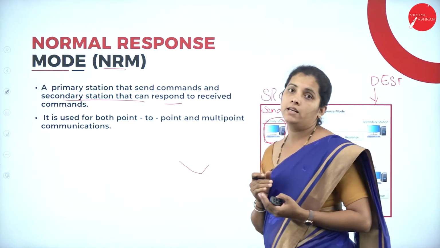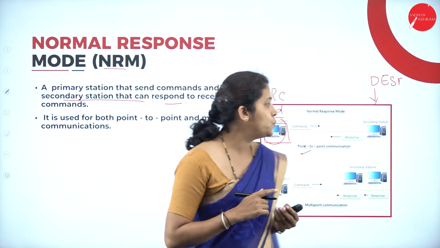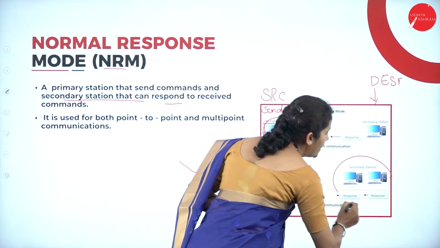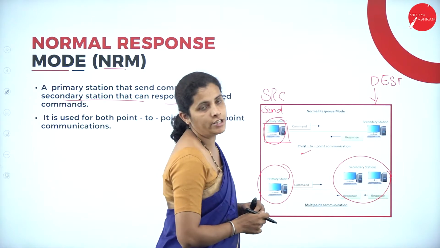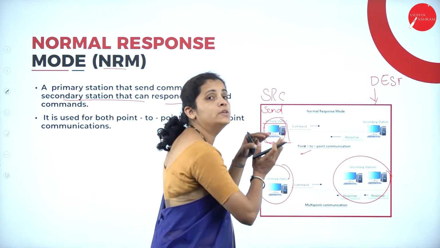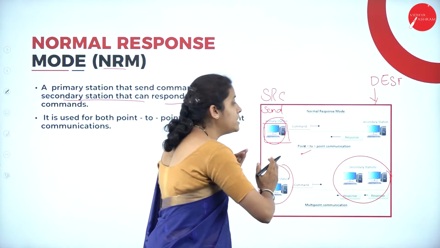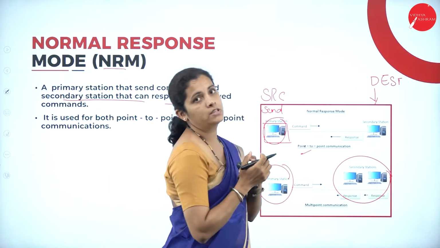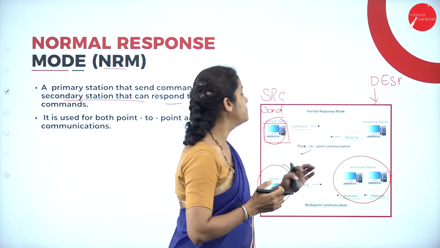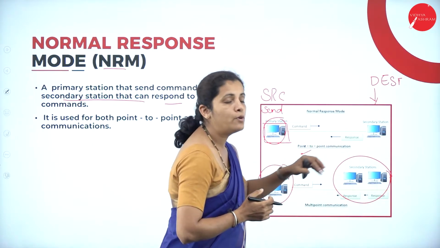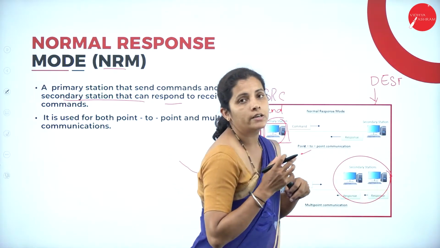But in multi-point, there is one primary station and there are n number of secondary stations. The primary station is going to send the command, and the systems present in the secondary station are going to respond to the request.